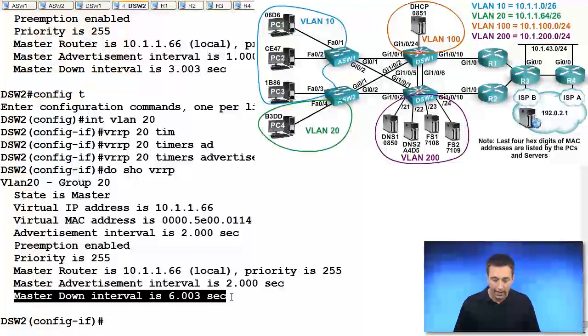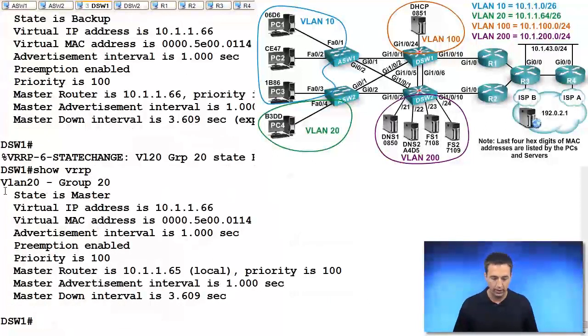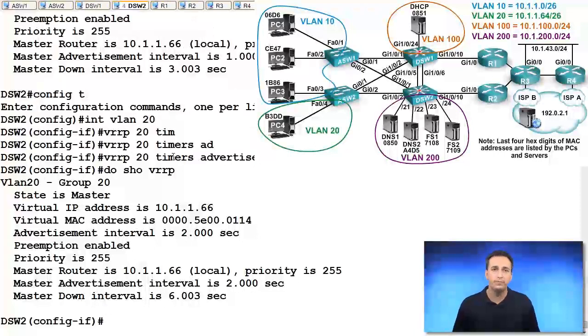Therefore, the master down interval becomes 6 seconds. But if we go back to DSW1, you'll see a message saying, hey, I just became the master for this particular VRRP group. And if we look at show VRRP, we'll see that we are the master now, as we are indicating here. But if you look at DSW2, we are the master as well.